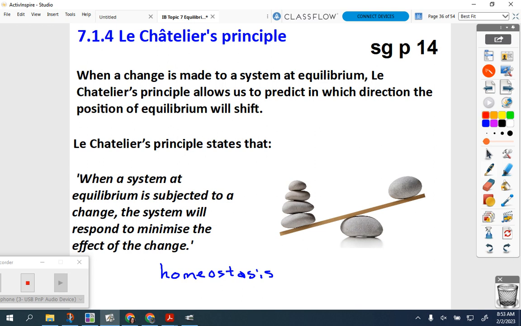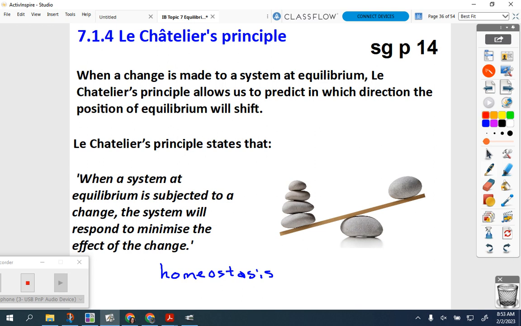Yeah. Okay, so the last piece of the puzzle for this topic for us is Le Chatelier's principle. And Le Chatelier was obviously a scientist who came up with this principle. And the idea is that if we have a system that's at equilibrium and we then disturb that equilibrium, we change something about the conditions of the reaction, it's going to get out of equilibrium and then try to find a new equilibrium.